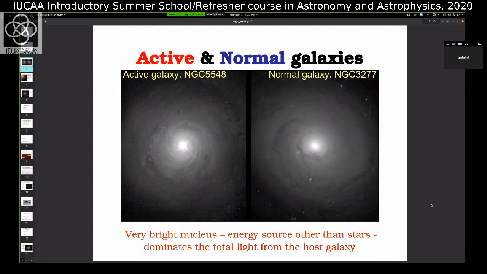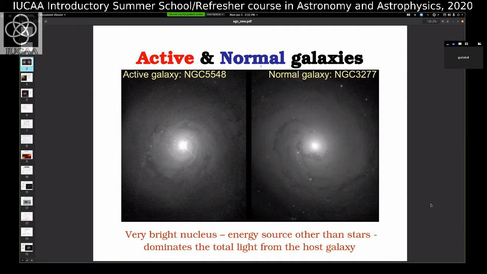But if you keep on increasing the exposure time, in the case of active galactic nuclei, the bright point-like source will become brighter and brighter. And if you keep on increasing the exposure time, you finally start seeing the host galaxy, which may be a spiral galaxy or an elliptical galaxy.